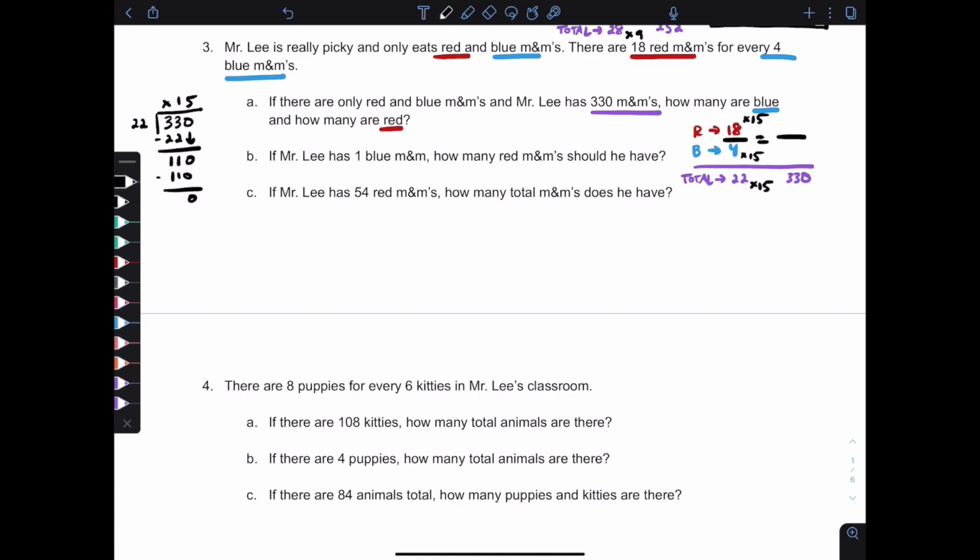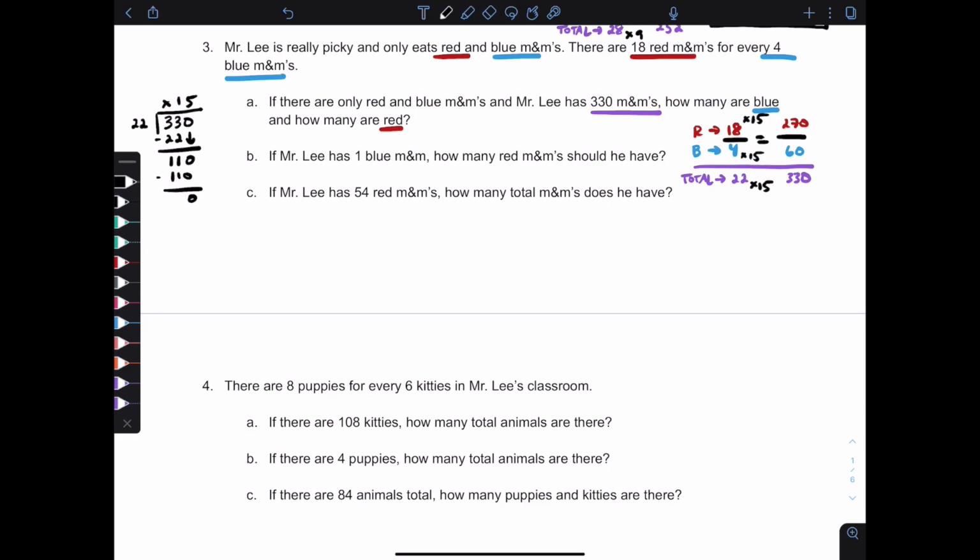18 times 15, pretty sure that's 270, if I'm not mistaken. Actually, yeah, it has to be, because 15 times 4 on bottom is 60. And if you just subtract 330 minus 60, that does equal 270, since 270 plus 60 equals 330. Okay, so the question said how many blue ones and how many red ones.